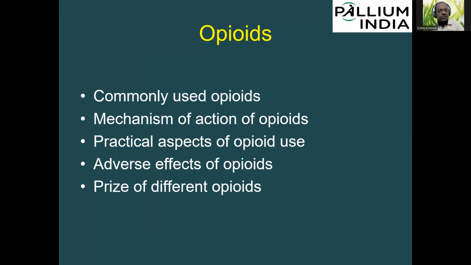And it is also important to know the different prices of opioids, because there will be some patients who are going to come to you with pain again and again, and you have prescribed many medications each time.